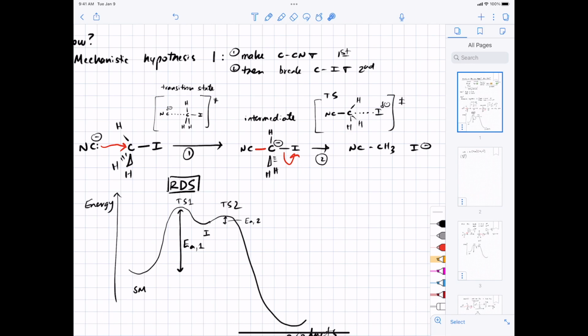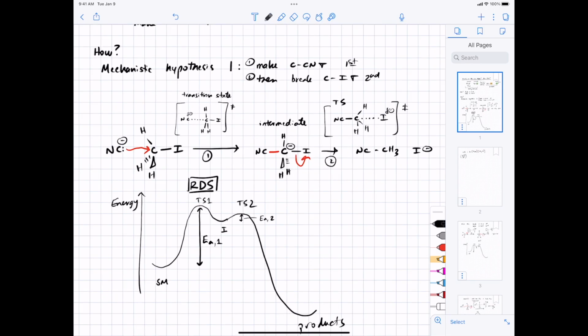The reason for that is carbon is too small to form strong bonds with that many things. Another reason is carbon comes with 4 atomic orbitals and so can form 4 bonding orbitals and 4 anti-bonding orbitals. Presumably if you bonded to more than 4 things, you'd have to start filling anti-bonding orbitals, and that might not be great. In any case, we're going to rule out mechanism 1 because of the Texas carbon.